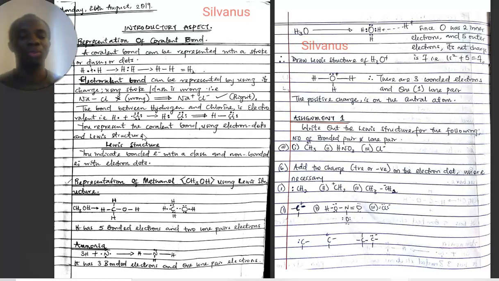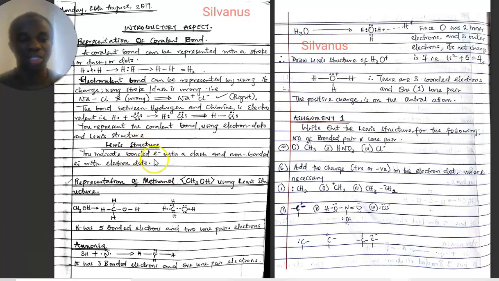You will mostly see this with organic compounds. You will see different organic compounds having dashes and dots, with dots showing the unbonded electrons and dashes showing the bonding electrons. You will always see that in this topic, organic chemistry.